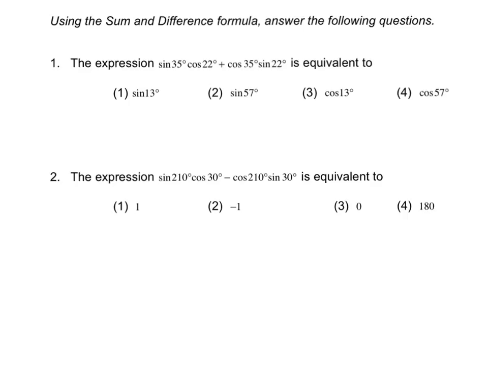The expression sine of 35 cosine of 22 plus cosine of 35 and sine of 22 is equivalent to, well, first of all, it goes sine cosine plus cosine sine. So I have to look for the expanded form that represents that on my formulas on the page prior, and I find it to be sine of A plus B. If I fill it in, angle A in this case is 35 degrees, and B is 22 degrees.